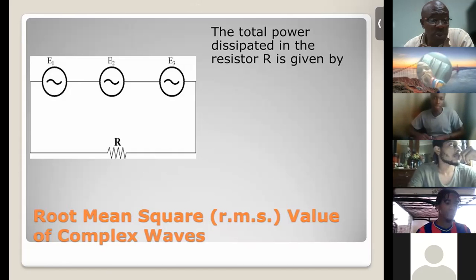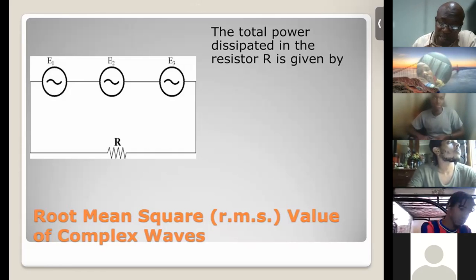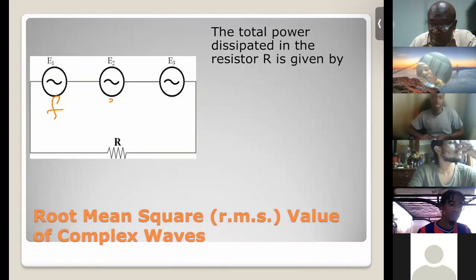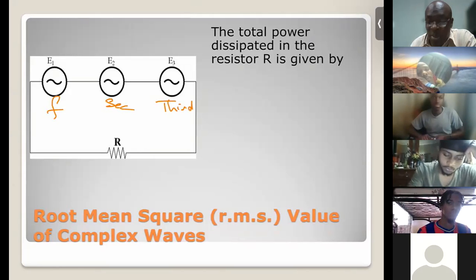We use here the superposition theorem to explain RMS. And here we are assuming that each of these sources would represent the fundamental. For E2, that would represent the second harmonic, and for E3, that would represent the third harmonic. Fair enough?